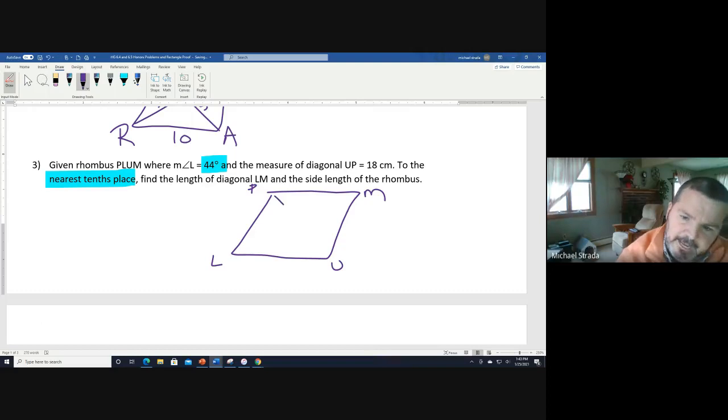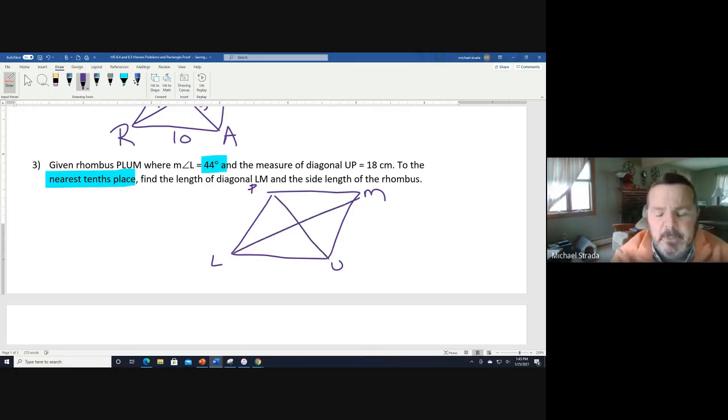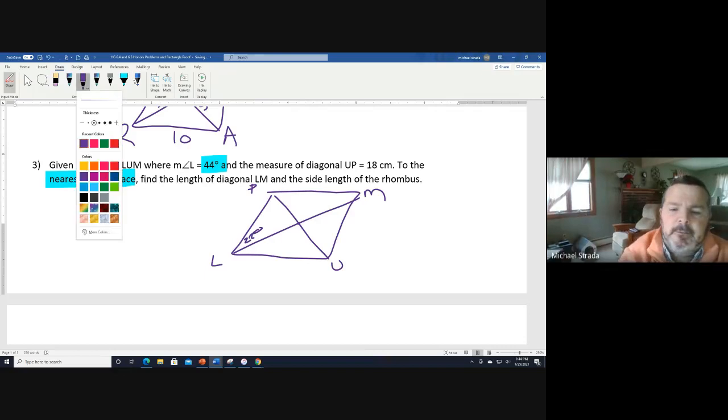So I draw in the diagonals. And you got to remember, like I said, the diagonals bisect the angle. So this is 22 degrees. Diagonal UP is 18 centimeters, and you got to remember it's bisected. All right?